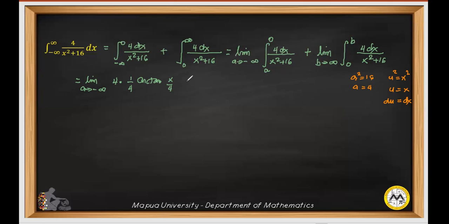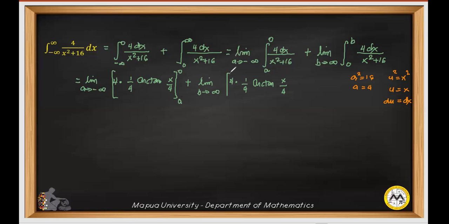Then plus the limit as b increases without bound of 4 times the integral of dx over x squared plus 16, which again leads to arctan: 1 over 4 times arctan of x over 4. This will be evaluated from a to 0.